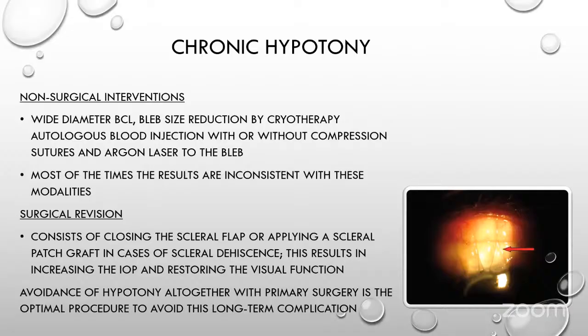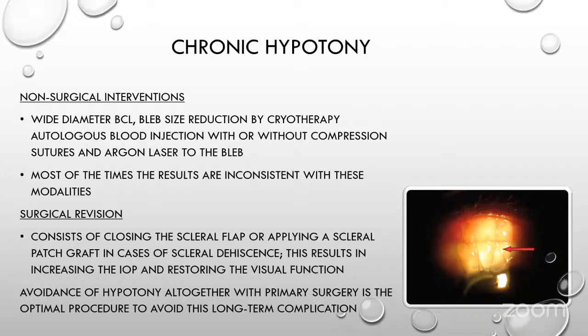Some have advocated cryo treatment in the peripheral area of the bleb to induce some level of fibrotic changes that reduces the extent to which the bleb is filtering. Autologous blood has also been mentioned; I have not tried it, and I'm sure my seniors will discuss more on this. Most of the time, the results are inconsistent when you do all these techniques.